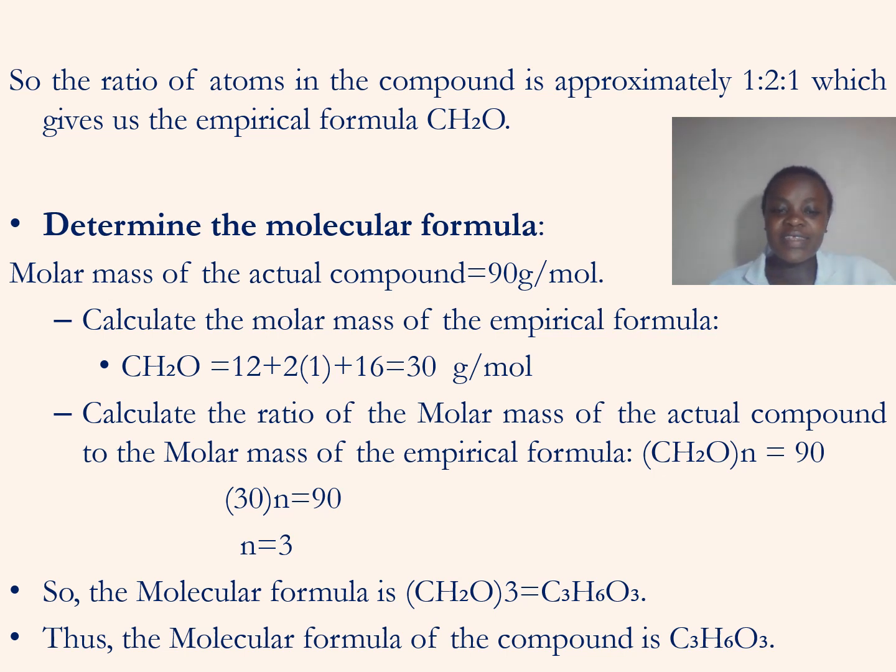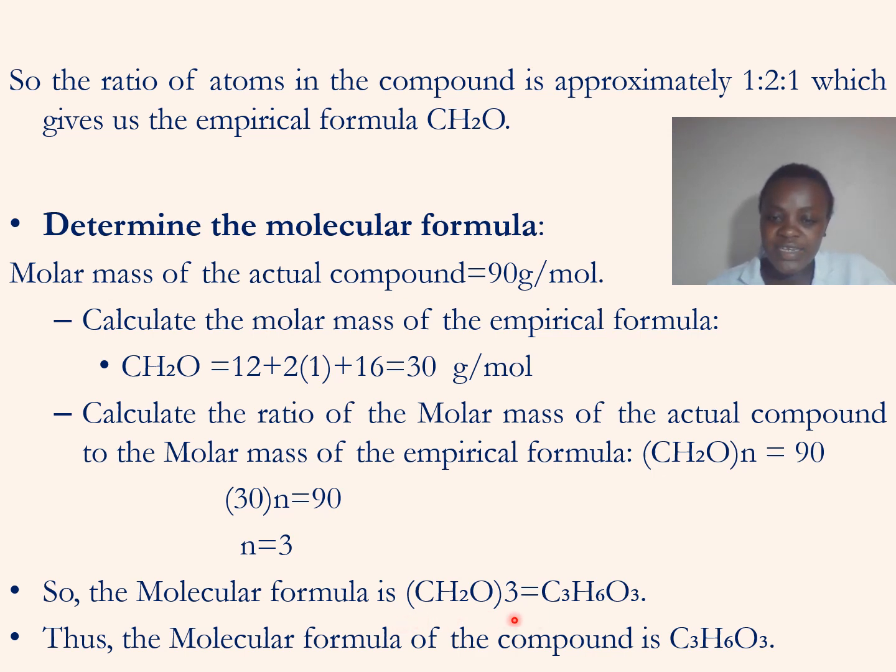So if N is 3, to get the molecular formula, we multiply the empirical formula by the multiple which we have found to be 3. So we multiply the empirical formula CH2O by 3.